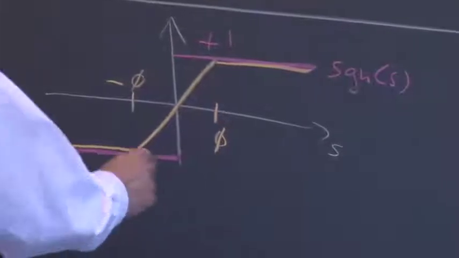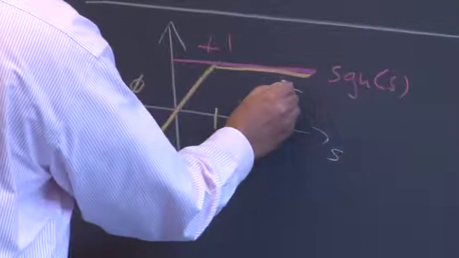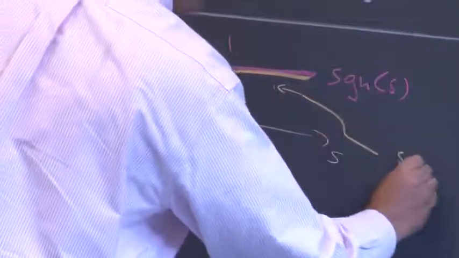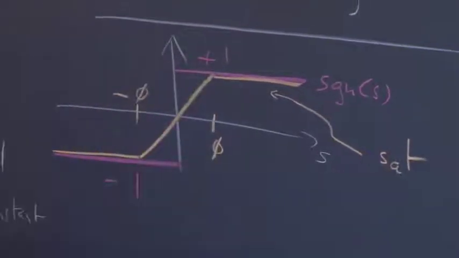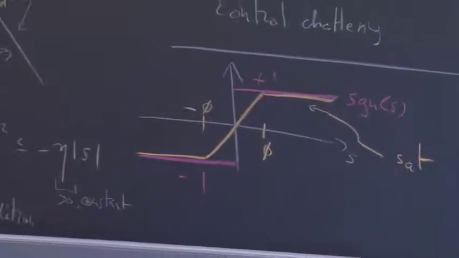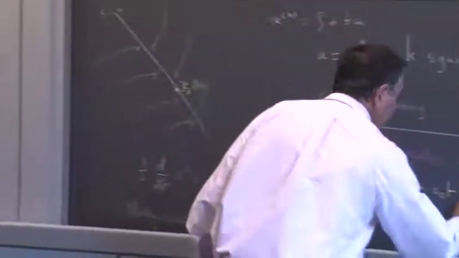Which means that instead of using sat of s, which would give us transition between -1 and 1, we want to transition starting at minus phi and finishing at plus phi. So simply sat of s over phi.